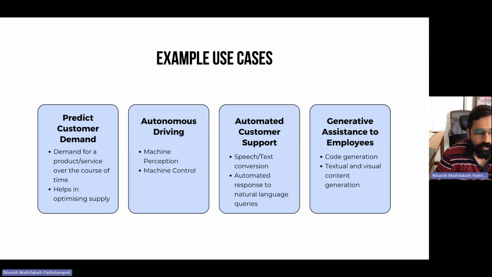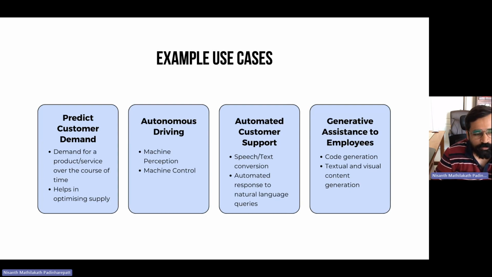That is one kind of demand pattern. And for specific products there will be higher demand. For example, during Christmas there will be higher demand for Christmas costumes and decoration items, and similarly during Deepavali there will be higher demand for firecrackers, diyas, lights, etc.